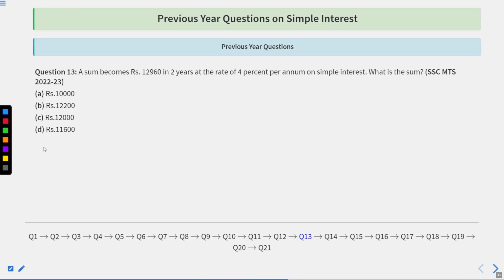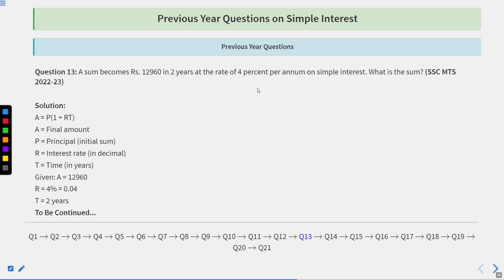Question number 13. A sum becomes 12,960 in 2 years at the rate of 4% per annum on simple interest. What is the sum? So we know that amount is equal to principal plus simple interest, that is amount equal to P into 1 plus RT.